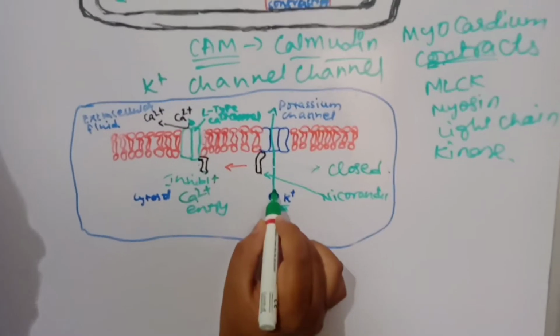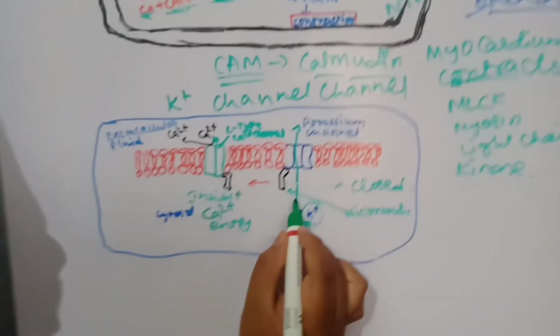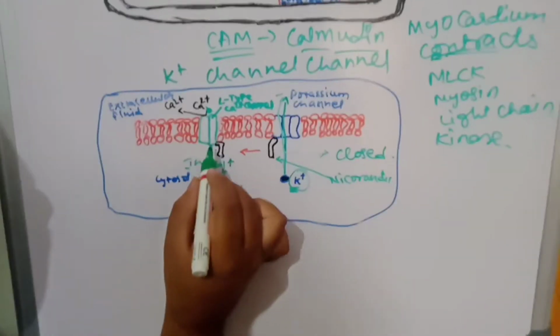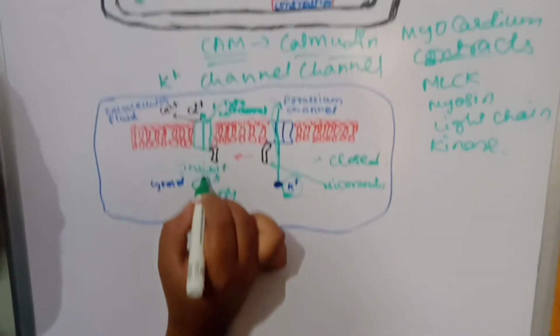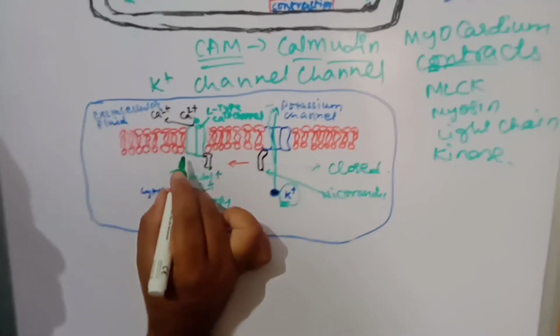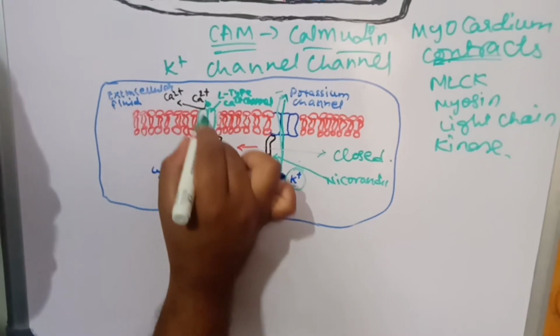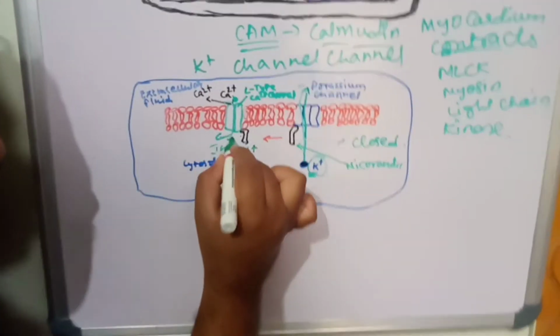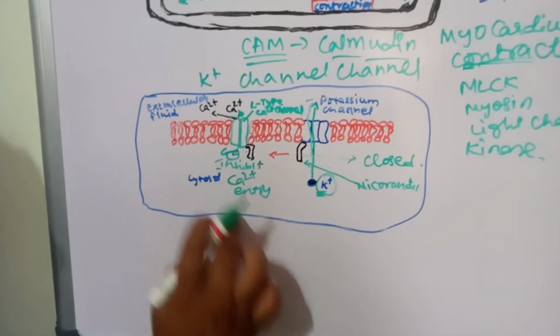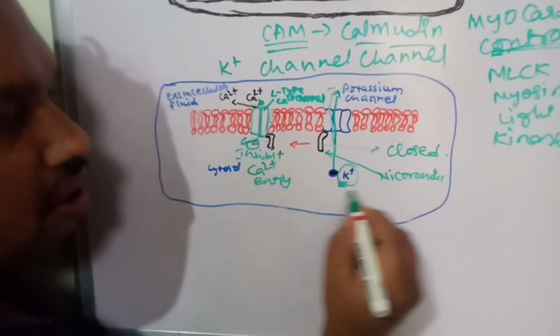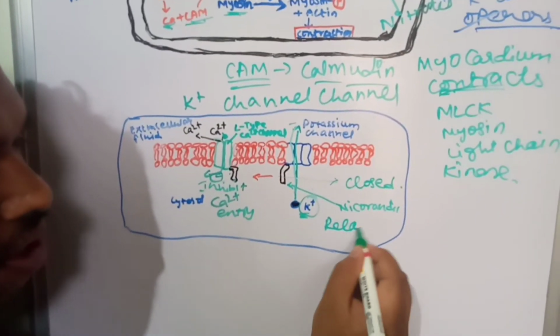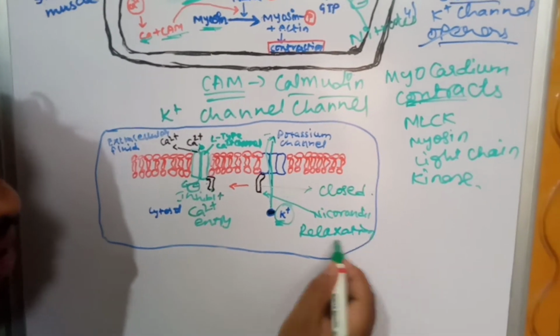As a result, potassium inside the cell will come outside the cell, and the calcium channel which was opened is now closed, so calcium cannot come inside the cell. Calcium entry is inhibited, and this will cause relaxation.